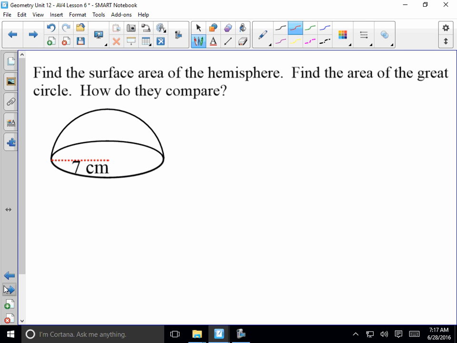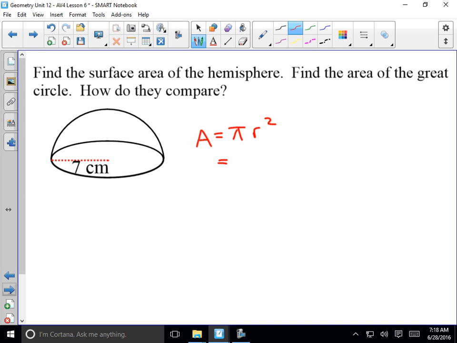Now, if we want to find the surface area of the hemisphere, we can find the area of the great circle and the surface area of the hemisphere, and we can see how the two compare to one another. So when we think about the great circle, we know that a circle area is pi r squared.